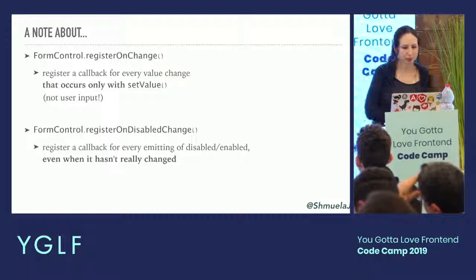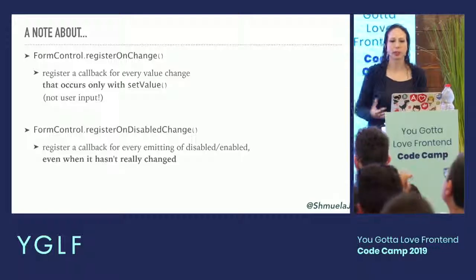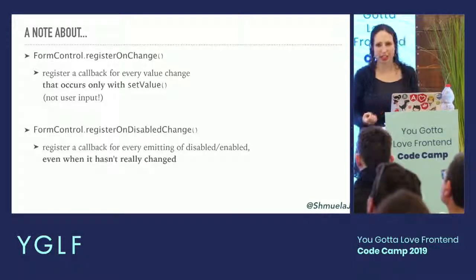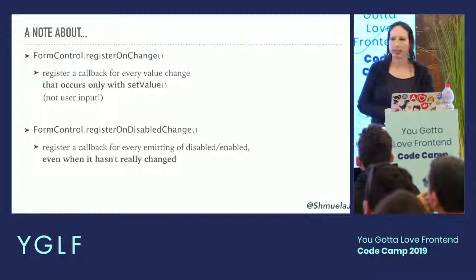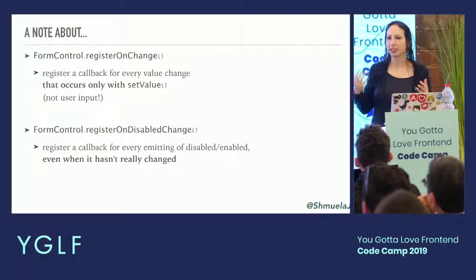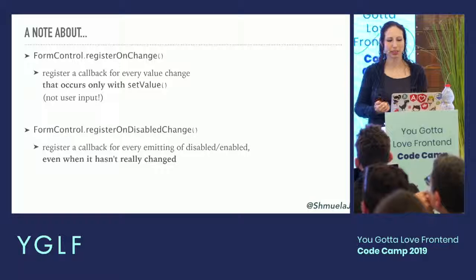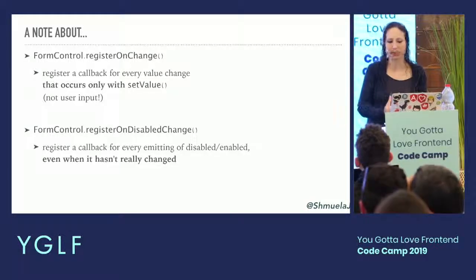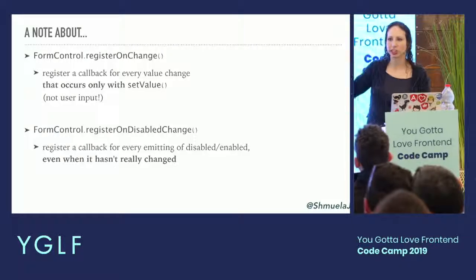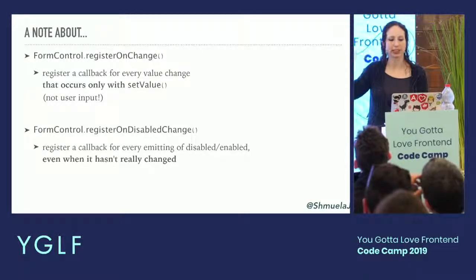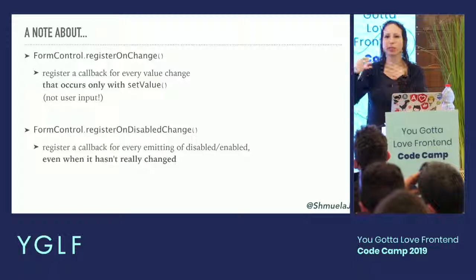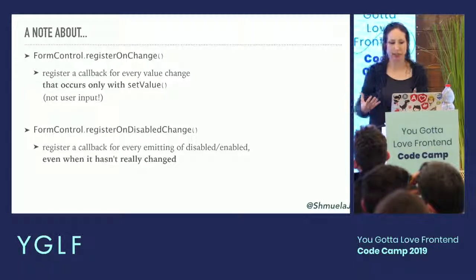A few quick notes to add here. In form controls, we have a method register on change, and one thing that is sometimes not very clear is what changes you register to. These are changes that only happen with set value, meaning only programmatic changes, not user input.